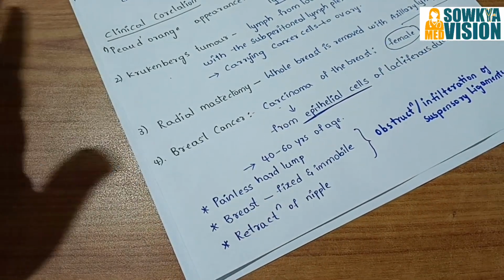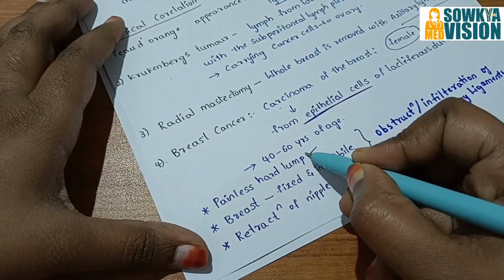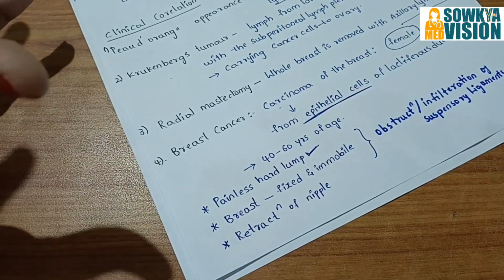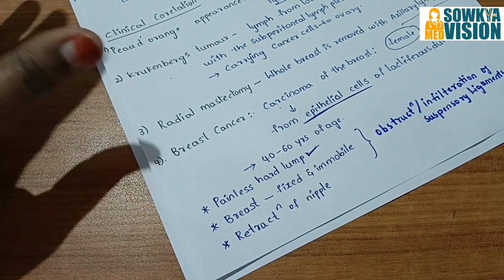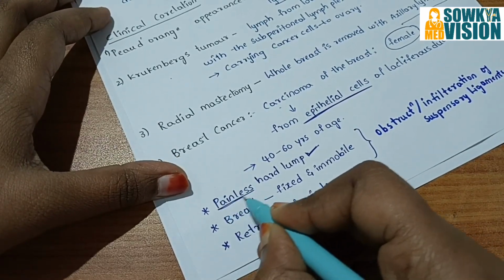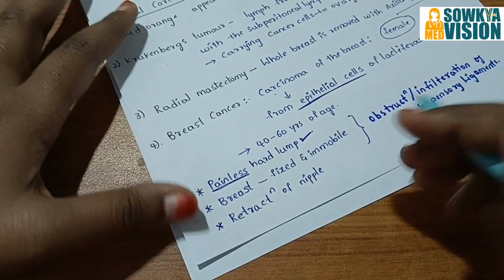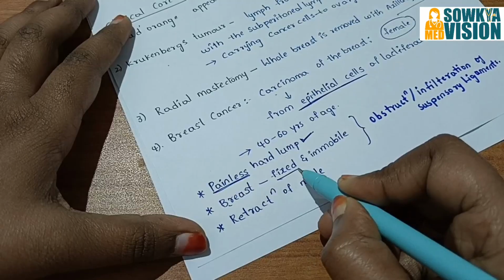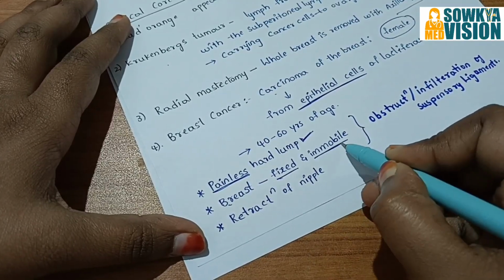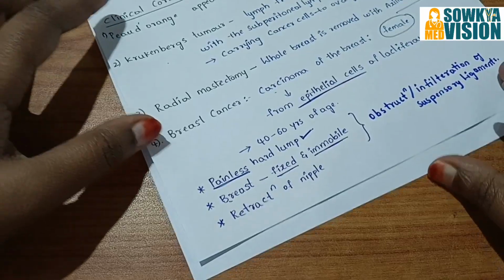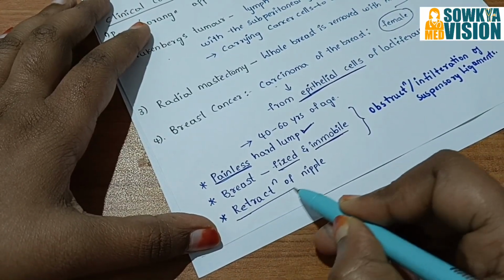So what are the symptoms? The symptoms are a painless hard lump. A hard lump is present, like a tumor structure, which is painless. The breast is very tough, fixed and immobile. It cannot be moved. And there is retraction of the nipple.